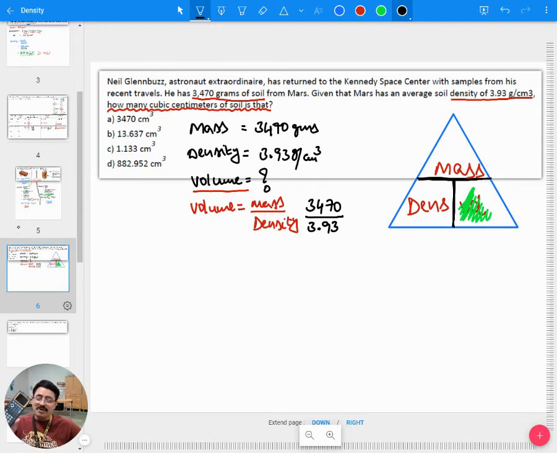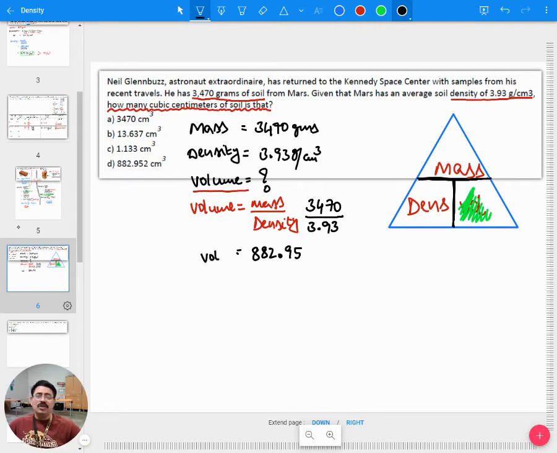You take the calculator, punch in 3,470 divided by 3.93, and we get 882.95. Anyhow, this is the soil brought from Mars.